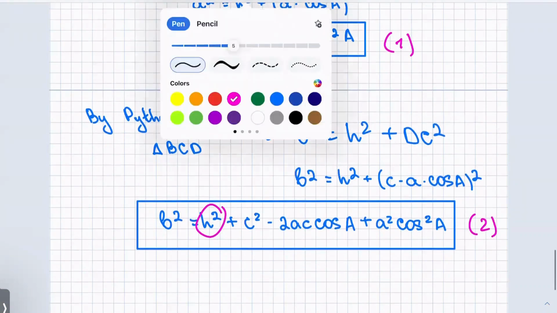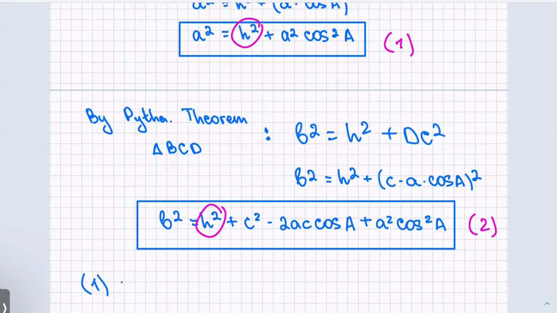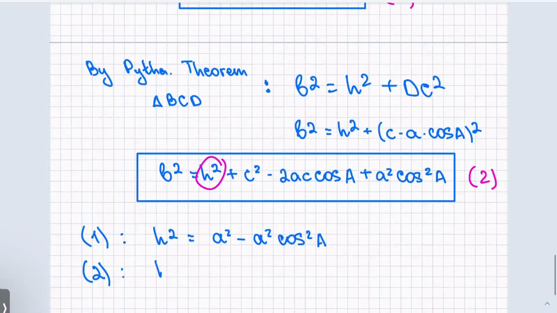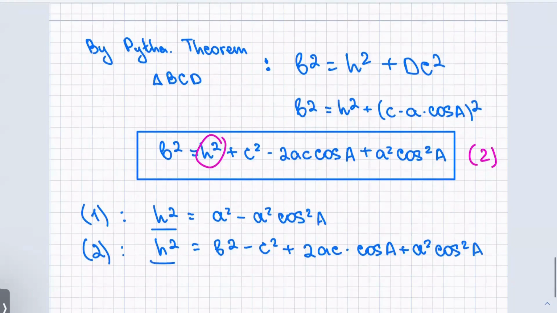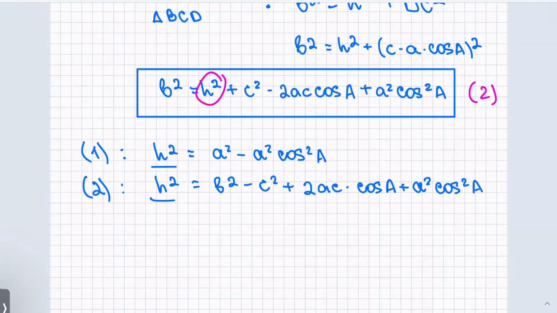So if we express H squared from 1, we get A squared minus A squared times cosine squared A. And from 2, we get H squared is equal to B squared minus C squared plus 2AC times cosine A plus A squared cosine squared A. And what did we get? The left-hand sides are the same, so the right-hand sides will also be the same.